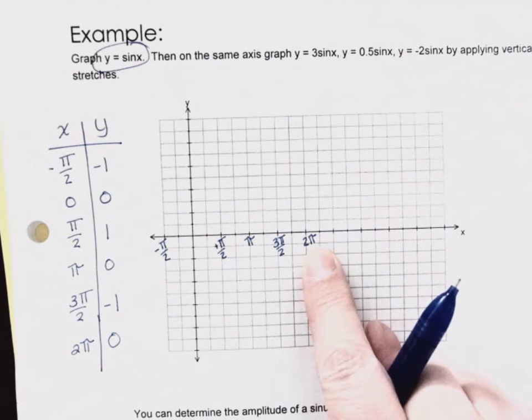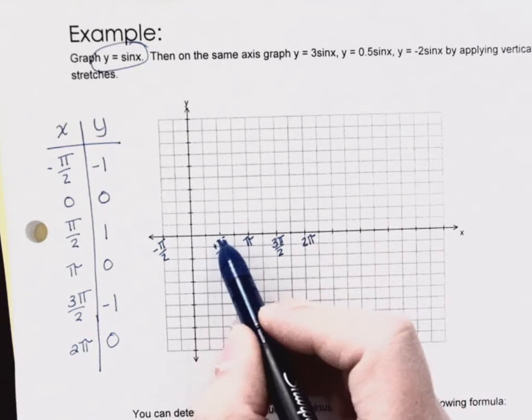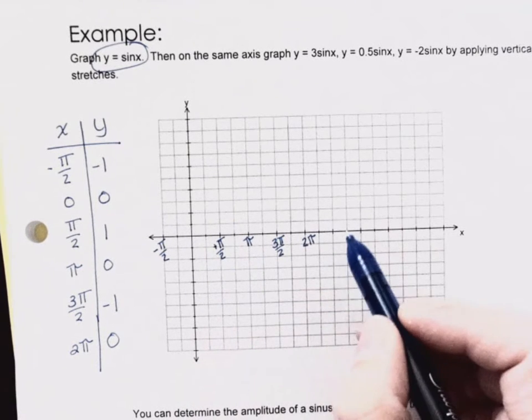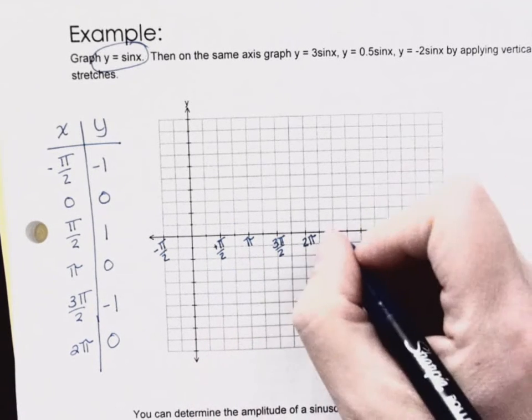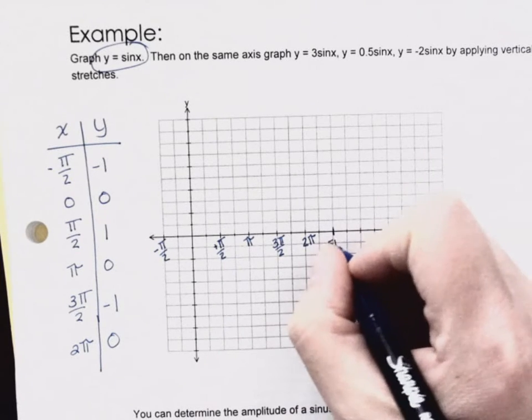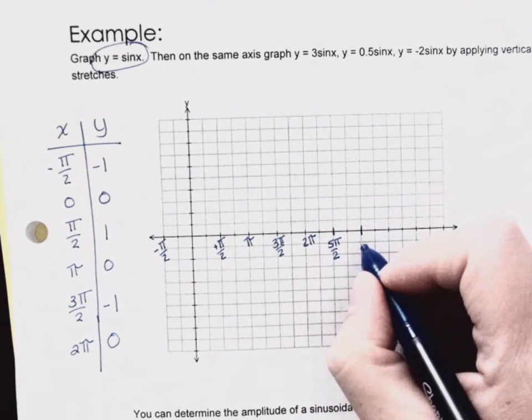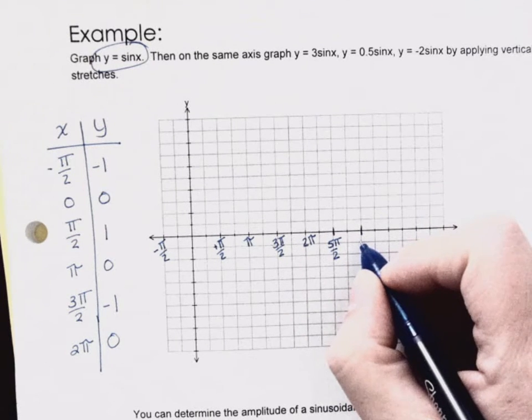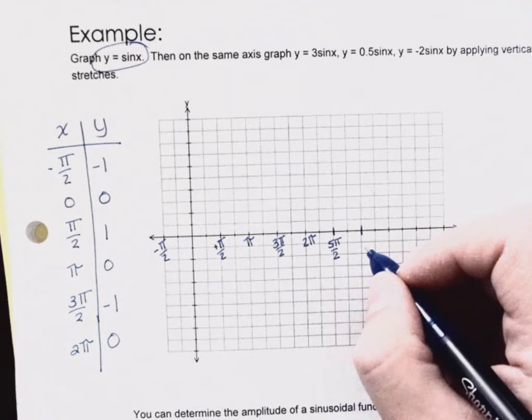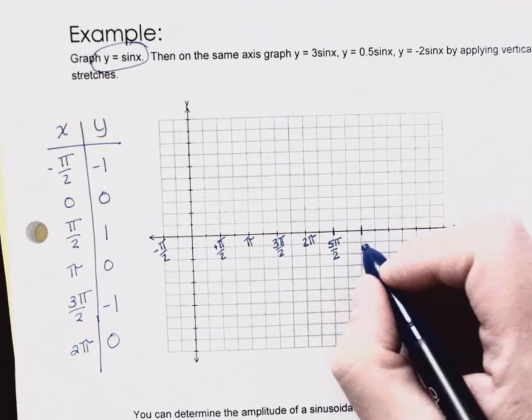If I have 2 pi, and every second increment is pi over 2, what's my next increment? 5 pi over 2. And then my next increment's going to be 6 pi over 2, but we're going to reduce that fraction to 3 pi.